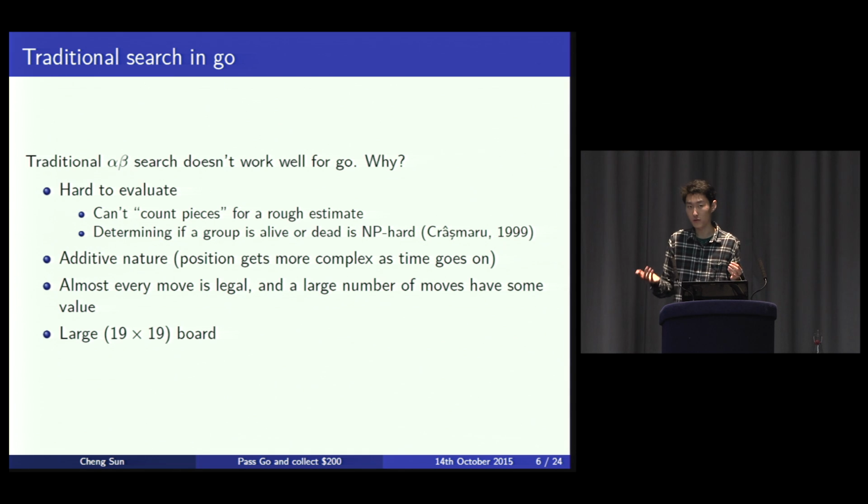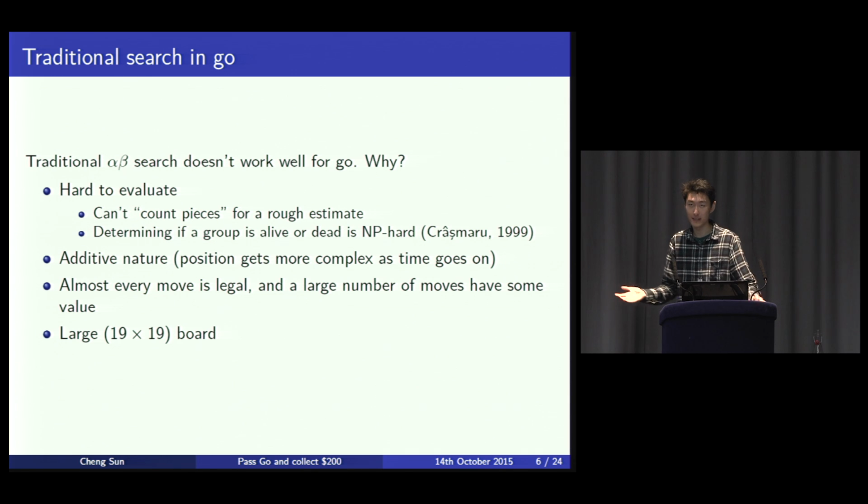That's not too hard to do for chess, because if, say, white is down the queen, then obviously it's a winning position for black. For Go, it's much harder because it's all about territory, not about, say, the pieces on the board. You can't just count the pieces.